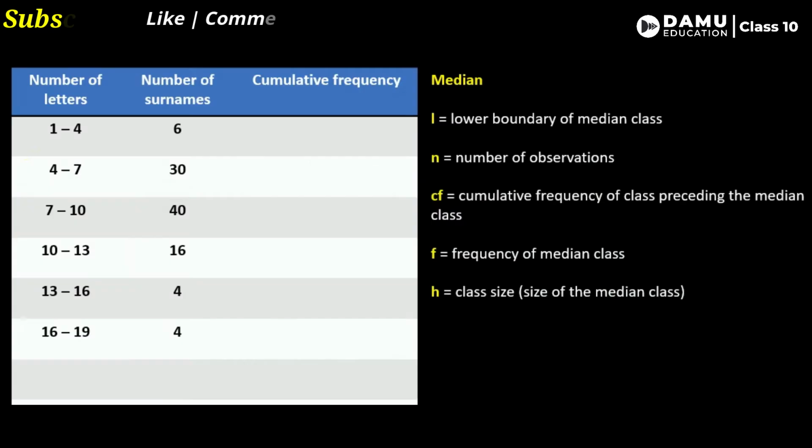So let's move on to the table. Here we have written the number of letters, 1 to 4 and 4 to 7, and the number of surnames is given. For the less than cumulative frequency, we need the greater value here. So let's take 6 as it is, then 6 plus 30, we will get 36.